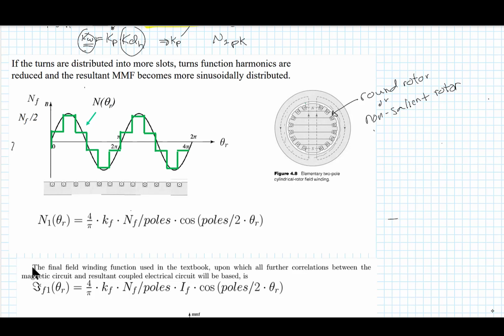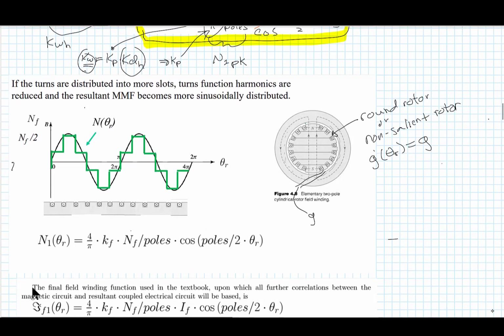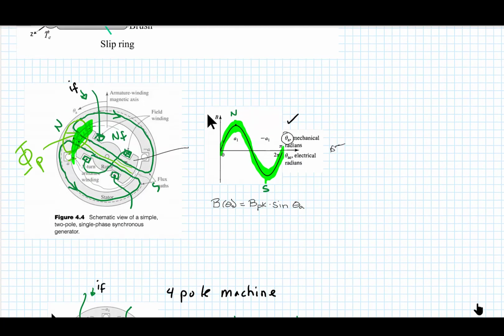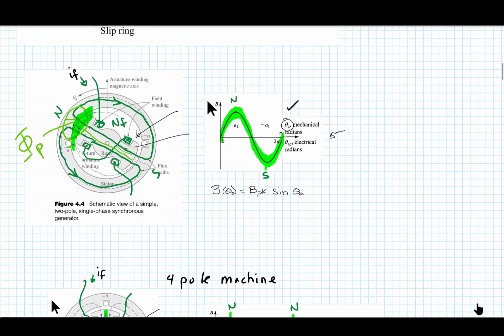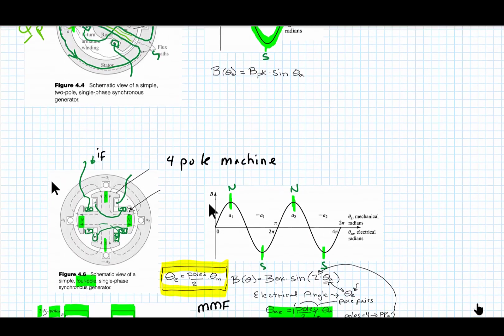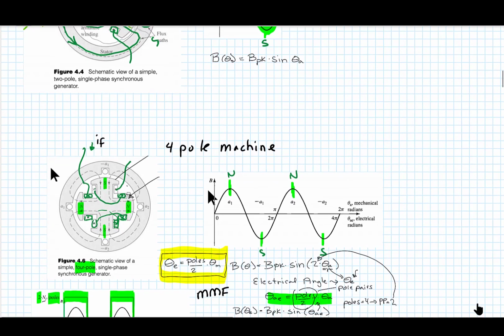This rotor has a uniform air gap, so the air gap as a function of theta r is a constant, so it's always equal to some air gap length G, as opposed to salient structures that we have introduced, such as this two-pole dog bone shaped field rotor, or four-pole dog bone shaped T kind of shaped four-pole rotor.